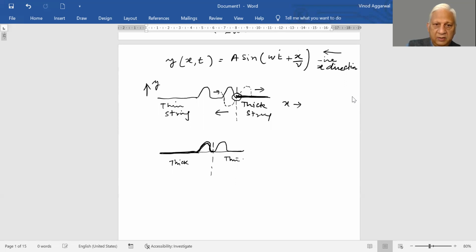The part of the wave that gets transmitted will get transmitted without any change. And the one which gets reflected will get reflected without any phase change, which means that if we take another instance, the backward journey will be like this.